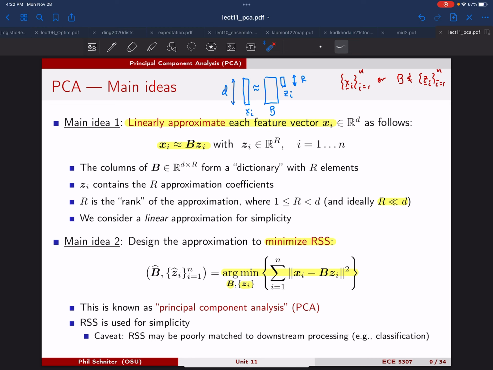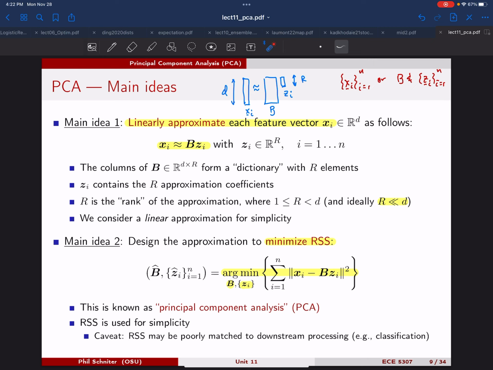Right? So that's a pretty intuitive objective. You could imagine coming up with other criteria for which to design B and zi, but this one, based on a sum and squared Euclidean norm and all that, is relatively easy to work with.